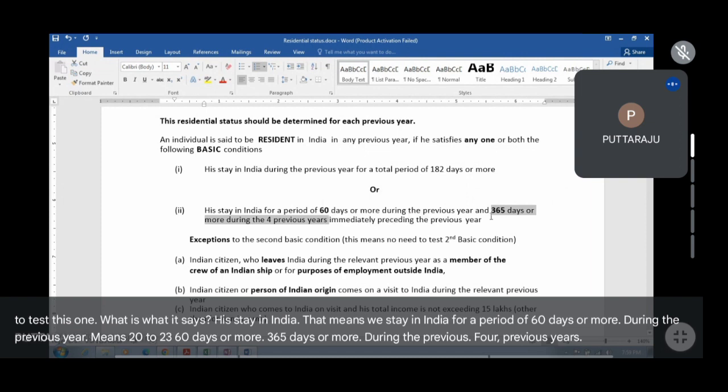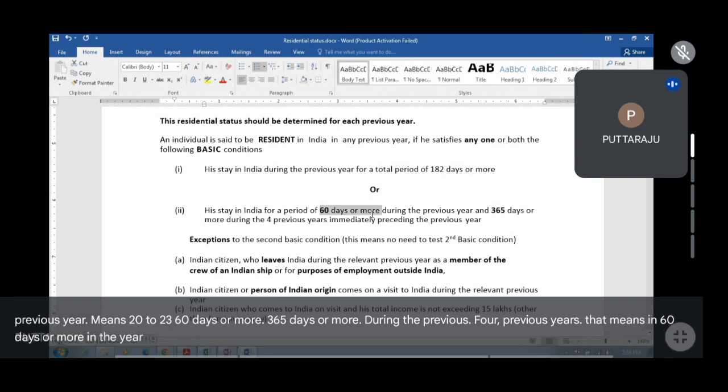That means 60 days or more in the year 22-23, and 365 days or more preceding 22-23, that is 2021-22, 2020-21, 19-20, 18-19.